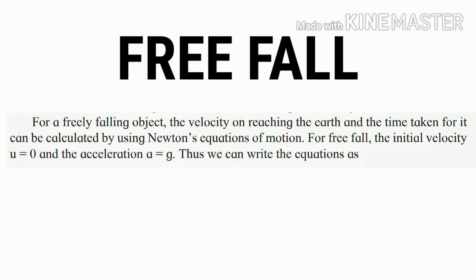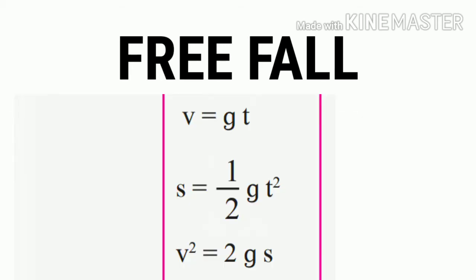For free fall, the initial velocity u is equal to 0 and acceleration a is equal to g. Thus, we can write the equations as v = gt, s = 1/2 gt², v² = 2gs.